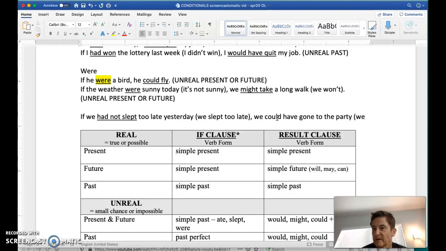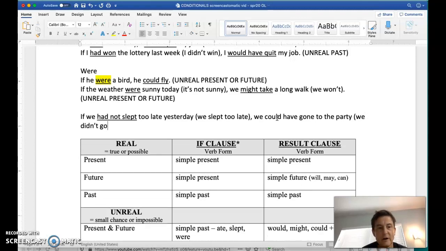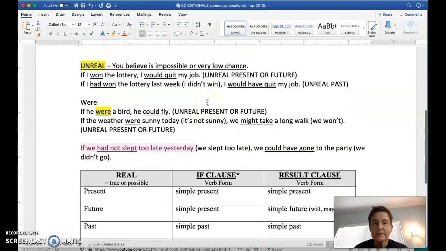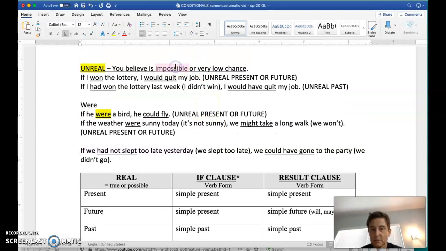We didn't go to the party. Results clause, we could have gone to the party. So, here's my if clause: if we had not slept too late yesterday. This is called impossible because I can't change yesterday. It already happened. We slept too late.